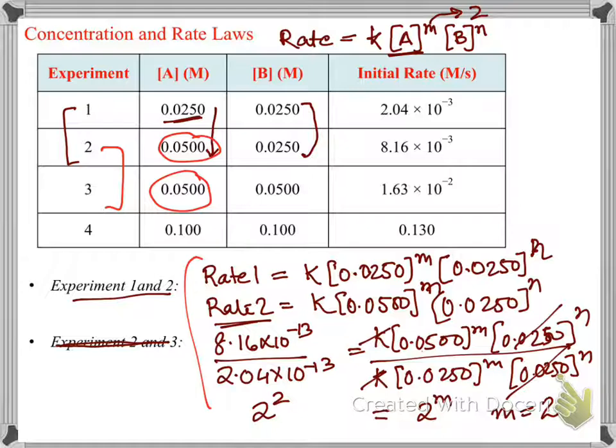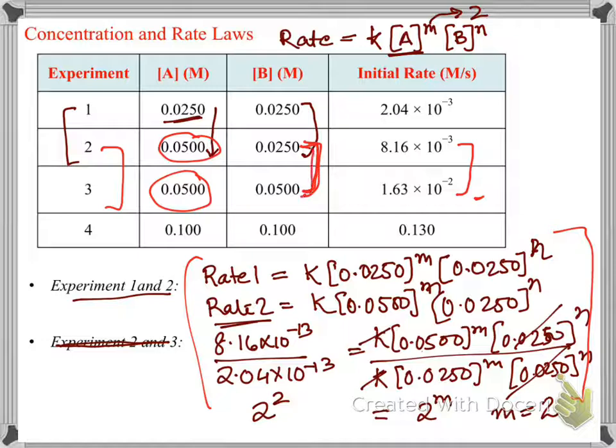If you look carefully at the data, you can tell that we are doubling the concentration, and the rate is getting doubled too, because 8.16 times 10 to the negative third times 2 is this. You can do this whole work, or you can just look at the data.